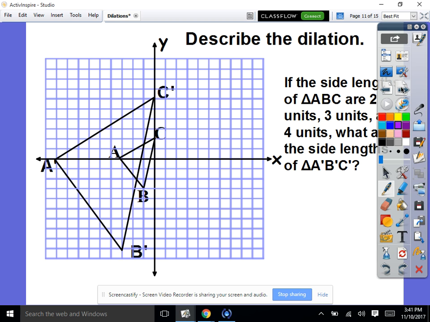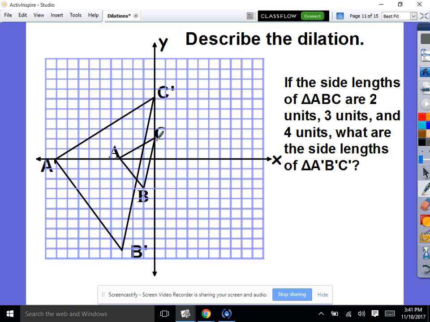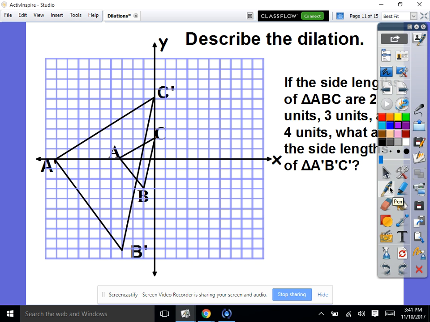All right, here we have triangle ABC, and then the image triangle A prime, B prime, C prime, which is much larger. So let's pick a couple of corresponding points. So we'll do C because it's easier.